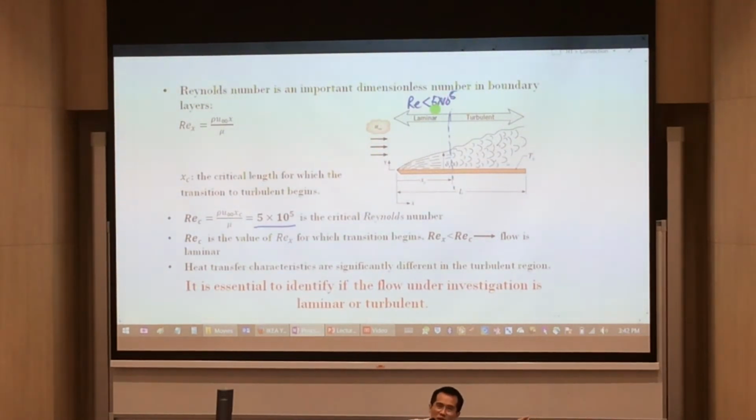If it's exactly 5 times 10 to the power 5, it's somewhere in the laminar transition region, but we gotta put a number to that. Some textbooks actually will give you a range to say that if it's lesser than this range, then it's in laminar flow. If it's more than this range, then it's in the turbulent flow.